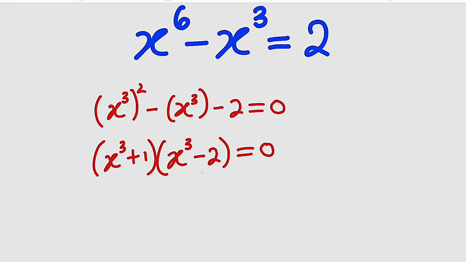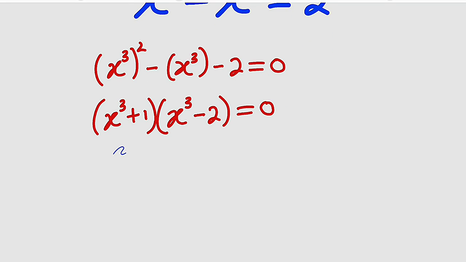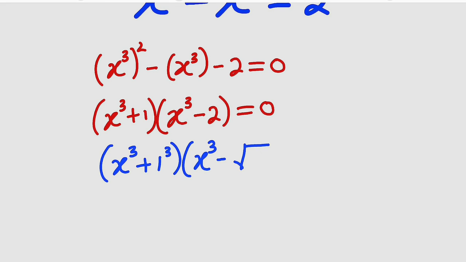And I know these two factors can also be factorized because we can write them as a sum and difference of 2 cubes. Let's do that. This is the same thing as x to the power of 3 plus 1 to the power of 3, which is the same thing as 1, right? And this one also, x to the power of 3 minus the cube root of 2, raised to the power of 3. This is equal to 0.